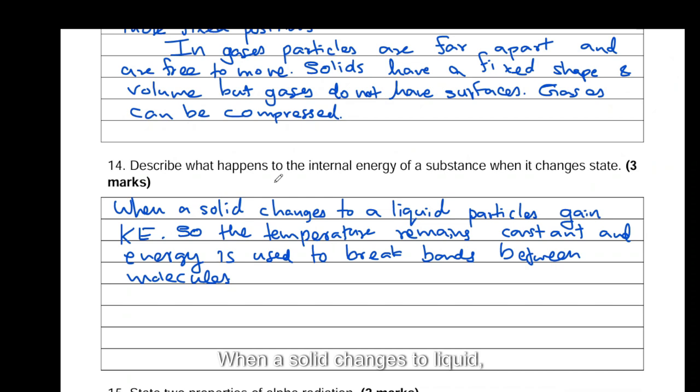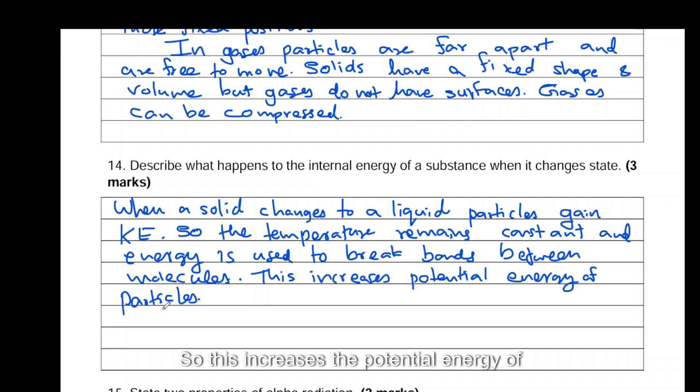When a solid changes to liquid, particles gain energy. The temperature remains constant and energy is used to break bonds between molecules. So think about ice turning into water at 0 degrees Celsius. So this increases the potential energy of particles.